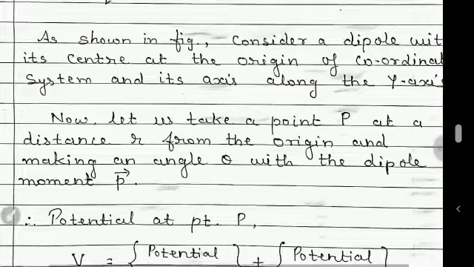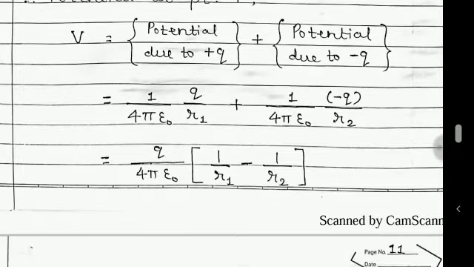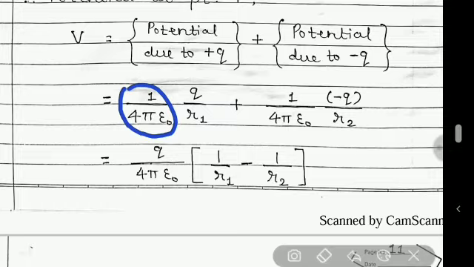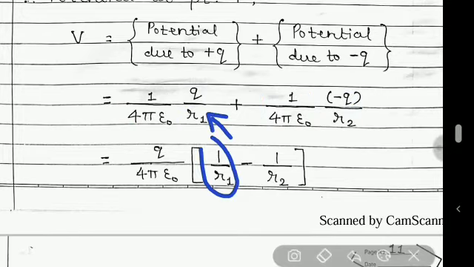Now here the common terms are 1 upon 4 pi epsilon naught here, also here, and charge Q here also, and here also. So we will take these common, and what remains is 1 upon r1 in the first term and 1 upon r2 in the second term.